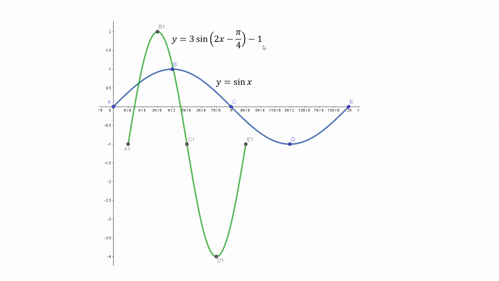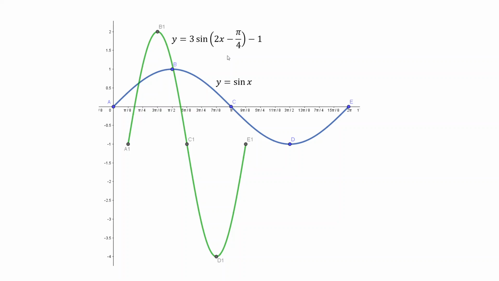But the main point I'm trying to drive at is, we really didn't have to learn all of that. We didn't have to say, because we have sine of 2x, this is shrunk in the horizontal direction by twice the amount, and because we have a negative pi/4, this is shifted to the right by some amount.